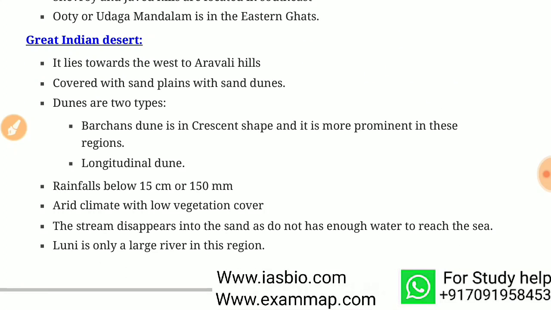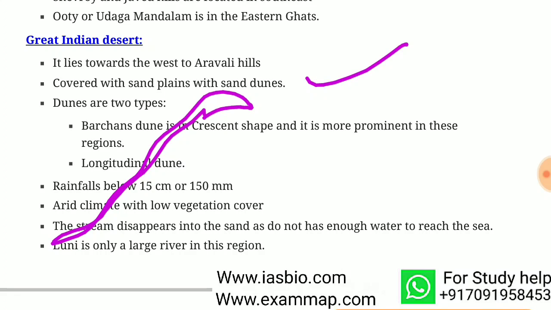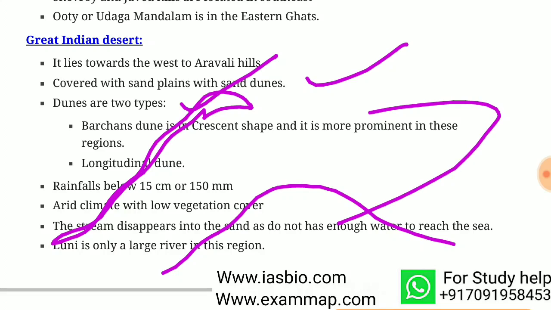India also has a desert, which is a hot desert, and it lies towards west to the Aravalli Hills covered with sand plains with sand dunes, and dunes are of two types. Barchan dune is crescent shaped and it is more prominent in this region, and longitudinal dunes.